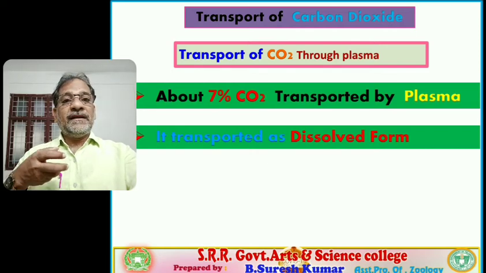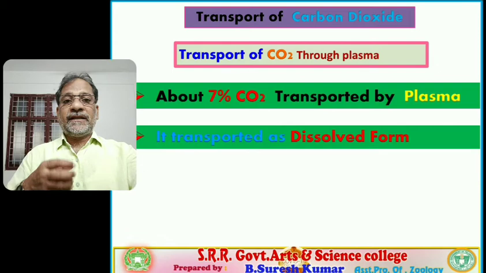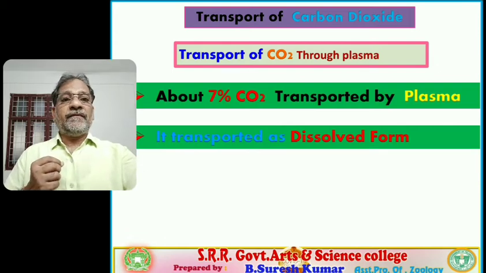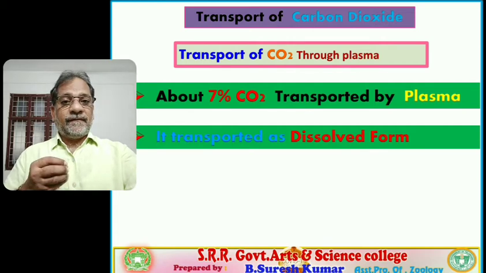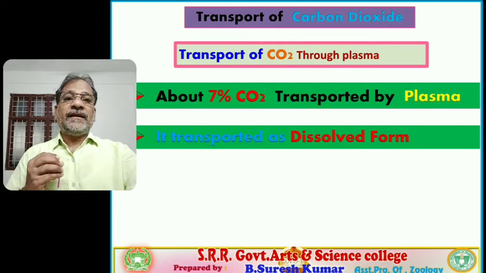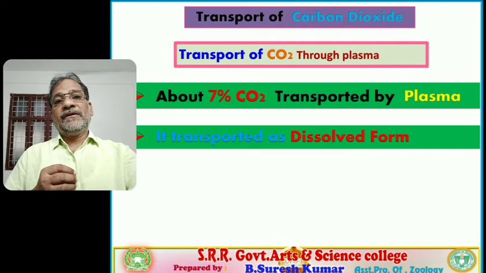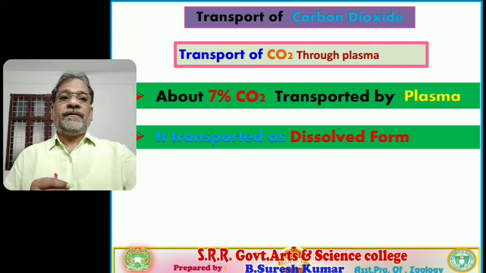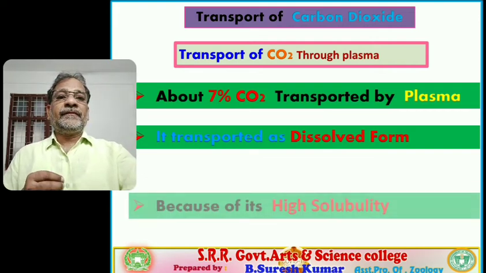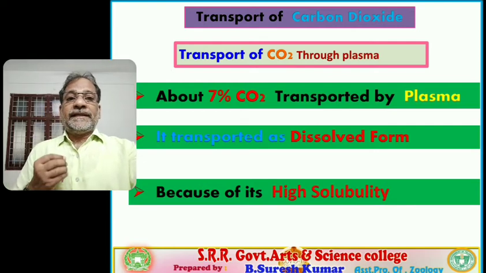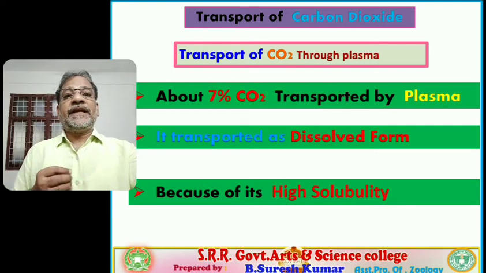So it easily dissolves in the water present in the plasma of the blood, and is then transported in what form? Dissolved form. Follow, students, right? Due to its high solubility, it is capable of dissolving.